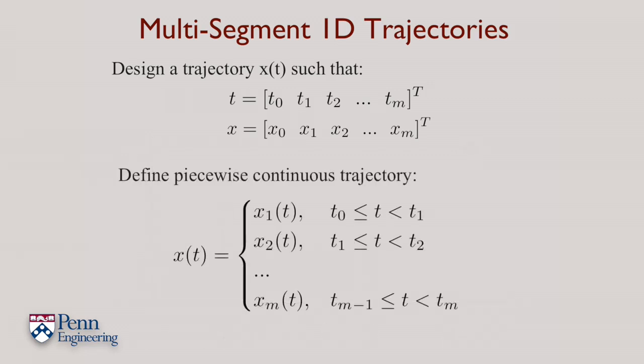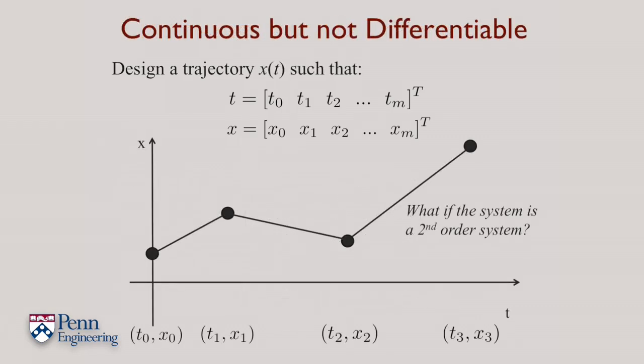A simple way to approach this is to define piecewise continuous trajectories, one for each time segment. The obvious way of doing it is to simply connect the waypoints. But this is not very practical. What if the system is a second-order system with inertia?